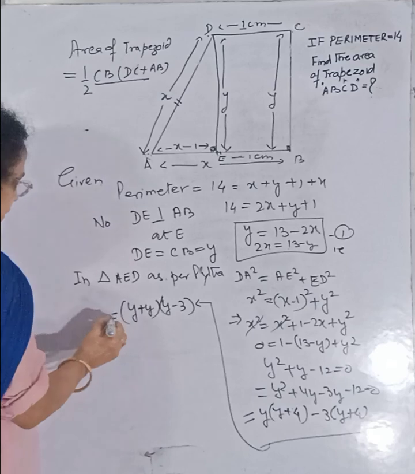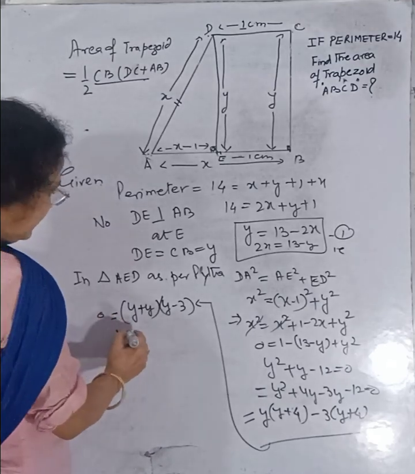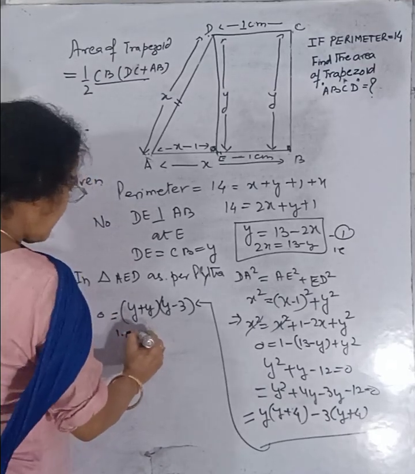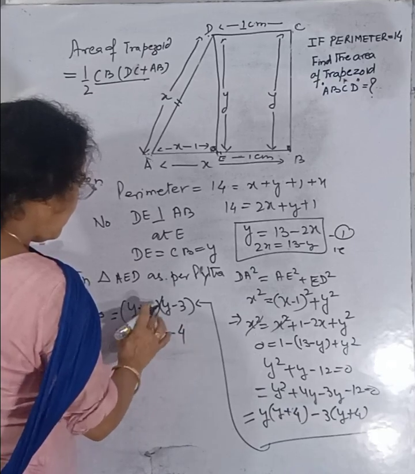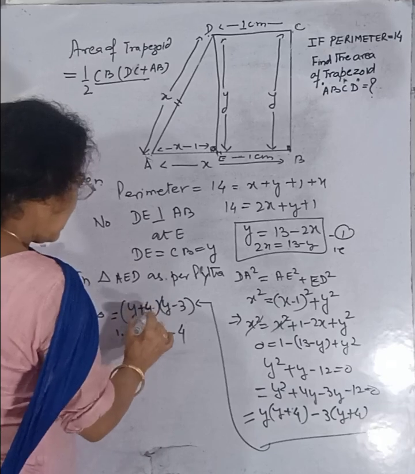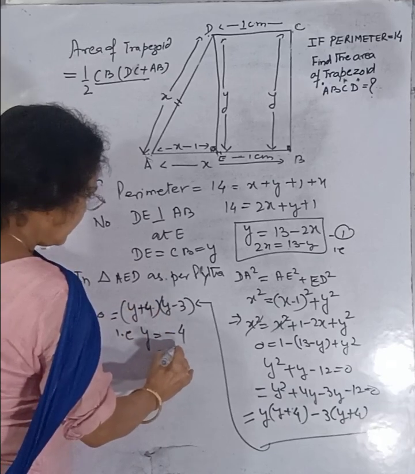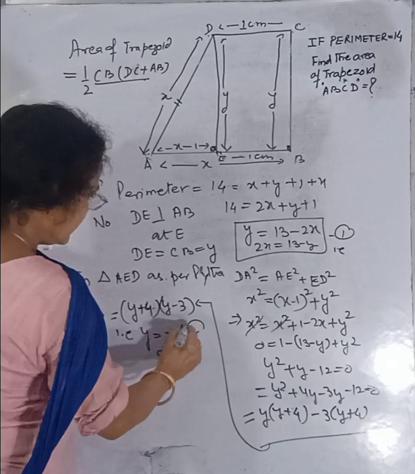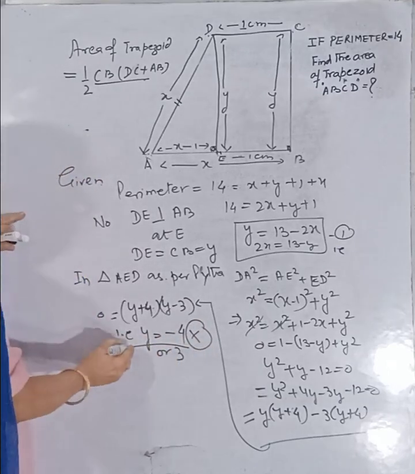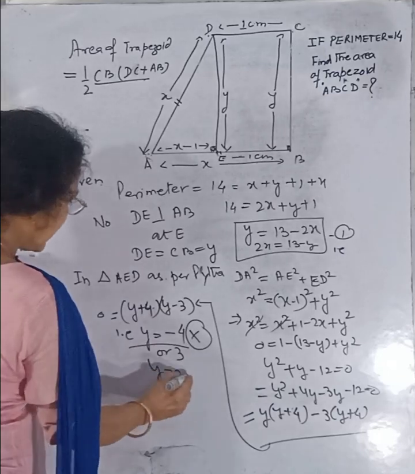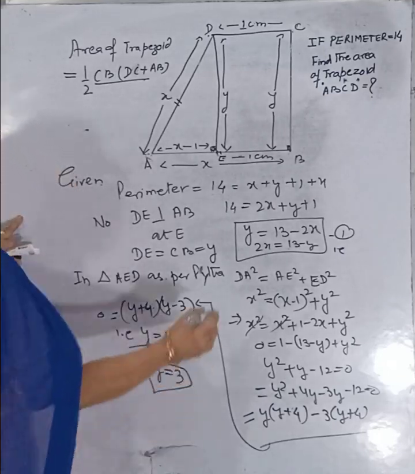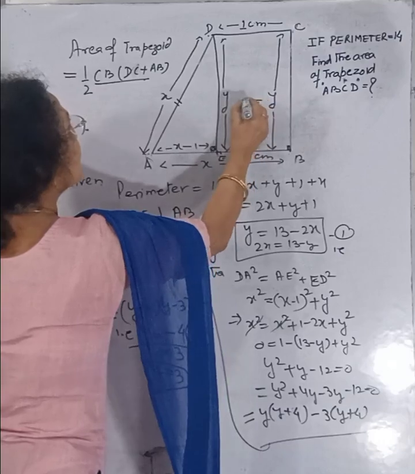It means y will be equal to minus 4 or equal to 3. Minus 4 is not possible because length can't be negative. It means y will be equal to 3. This is the possible case.